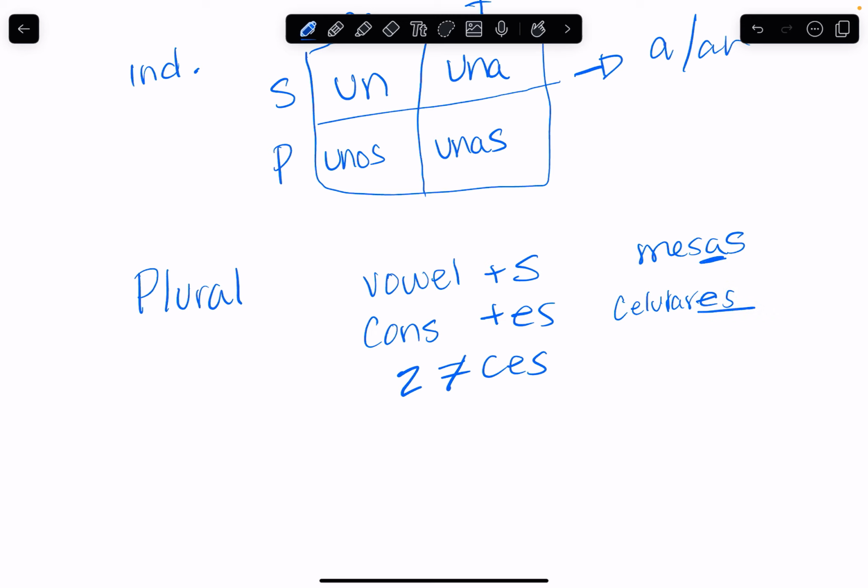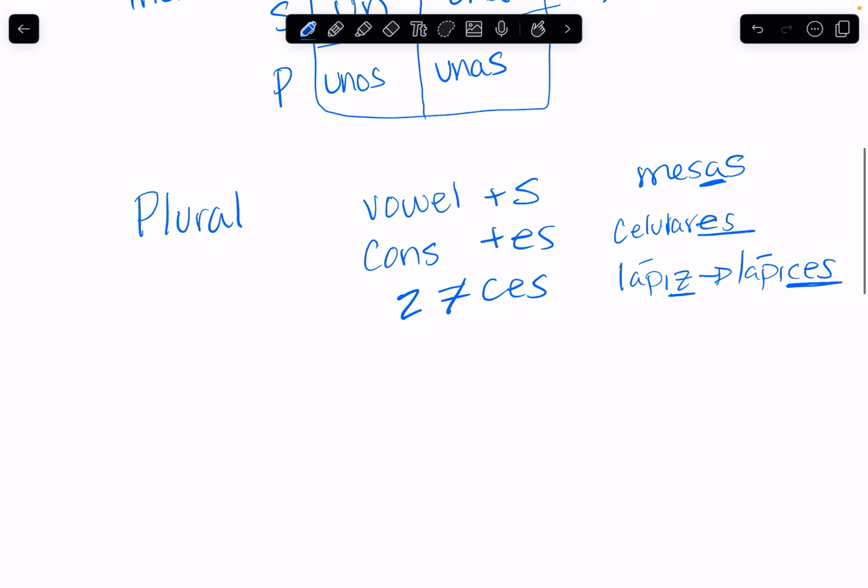And lápiz goes from lápiz to lápices, right? Because you change the Z to C and you add ES. So this is how you make something plural.